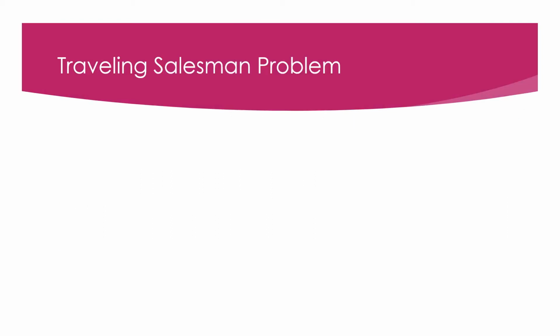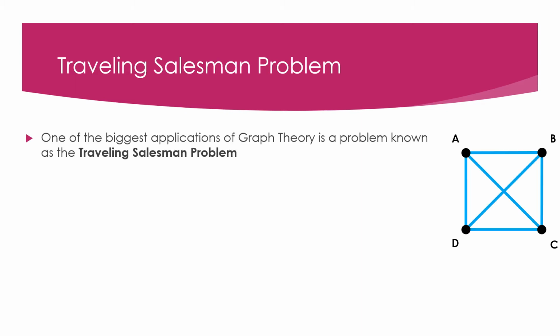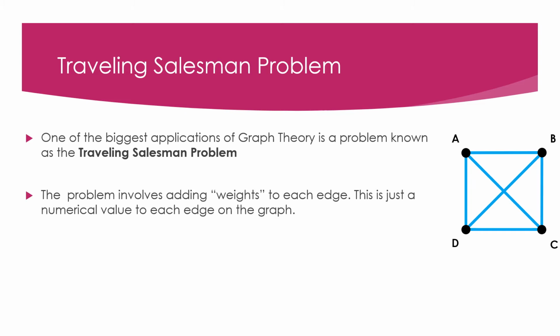So let's apply this with something called the traveling salesman problem. One of the biggest applications of graph theory is actually just the traveling salesman problem. It's one of the most famous problems that you can have in the graph theory space. And the problem involves adding weights to each edge. This is just going to be a value we're going to add to each edge on the graph, like so.